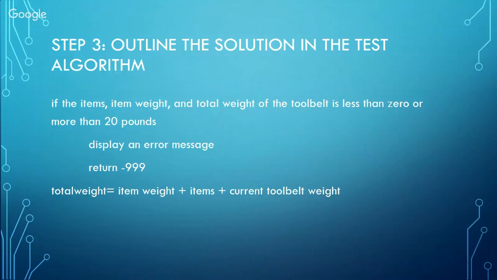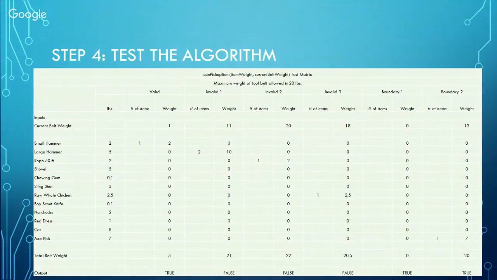So if you outline the problem, which is that we need a function which at any time during the game can calculate the total weight of the belt and make sure that it lies within 0 to 20 pounds. Once we write the pseudocode, we can then set up the spreadsheet and add some numbers in to test that code to make sure that our output will be correct.